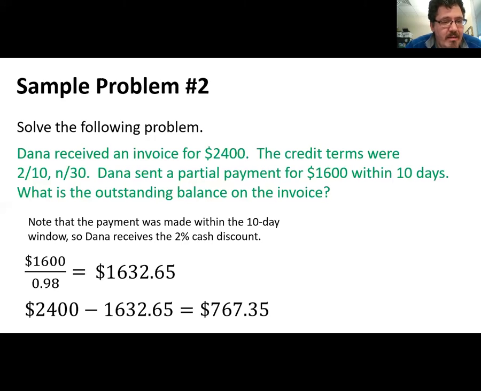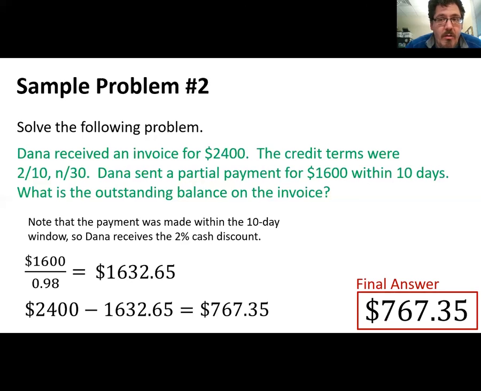So again, she got that little bit of a discount, so more money was taken off than what she actually paid. And so the result is $767.35. That's what's going to show up on her balance for this company. So if she were to get another invoice or another balance statement as far as what she owes, it would show that she owes $767.35.